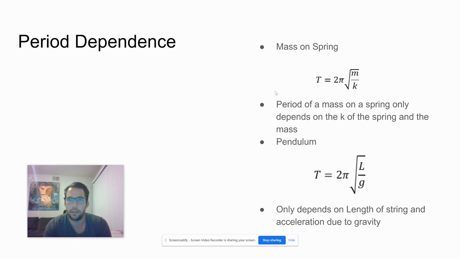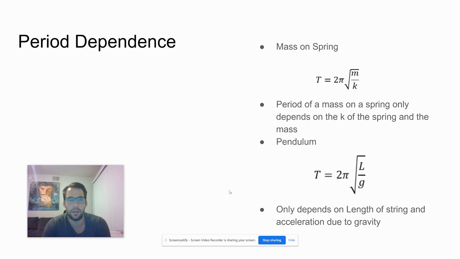The only two things that are going to change the period for a mass on a spring are the mass itself, or the spring constant, how sturdy or how stiff the spring is that the mass is attached to. For a pendulum, the only thing that changes the period is going to be the length of the string or gravity. Seeing as gravity doesn't change on Earth, it's just going to be the length of the string.